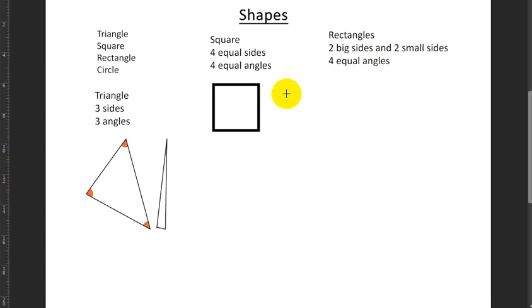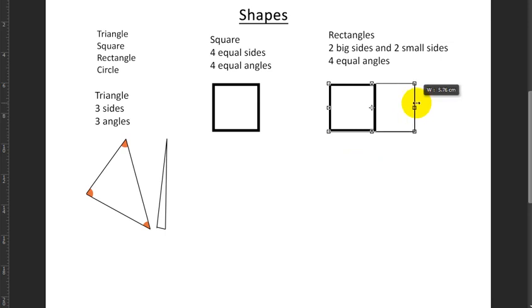So, imagine now that I took this square. Let's actually take this square, move it over. Okay, now imagine I took this square and I stretched it out like this, right? So now these sides on the top and the bottom are much bigger than the sides on the left and the right.